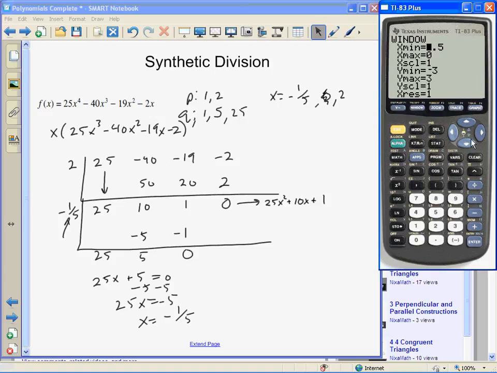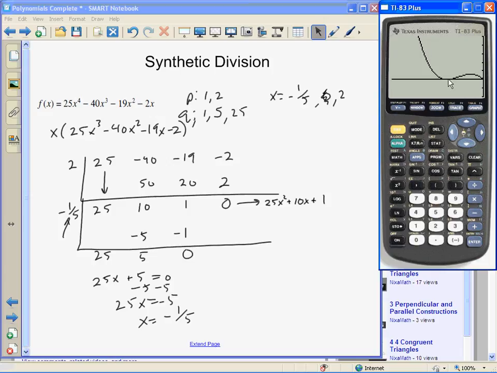Let's change our y values so they're not so big. Let's go from -0.2 up to 0.5. We'll have our changes go by 0.1. So there you can kind of see it. Okay, this is where -1/5 is.